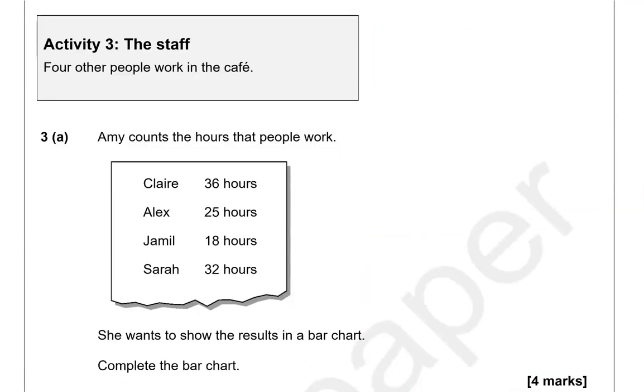Activity 3, the staff. For the people working in the cafe, Amy counts the hours that people work. So we've got Claire, 36 hours, Alex, 25 hours, Jamil, 18 hours, Sarah, 32 hours. She wants to show the results in a bar chart. Complete the bar chart.